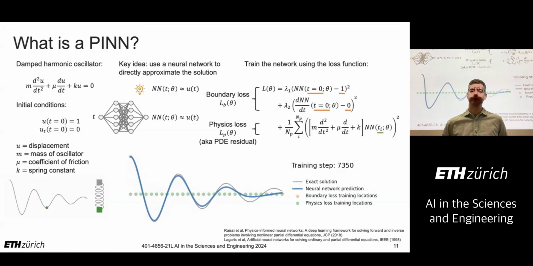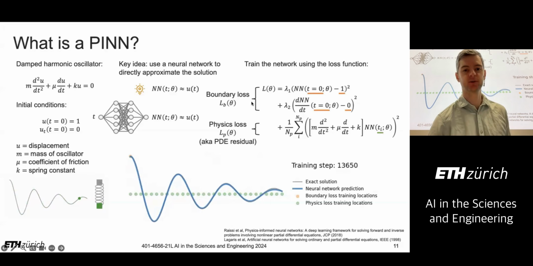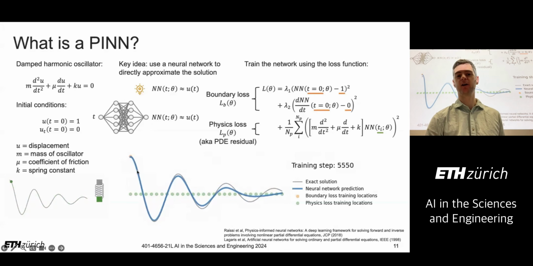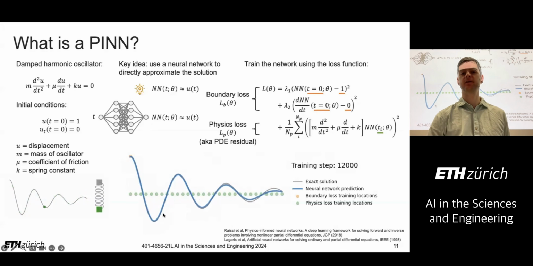And here's what happens if I train a fully connected neural network using exactly this loss function. What you're seeing is the gray curve is the exact solution, and the blue curve is the neural network's prediction of the displacement as a function of the training step. Now I'm also plotting a couple of points here.